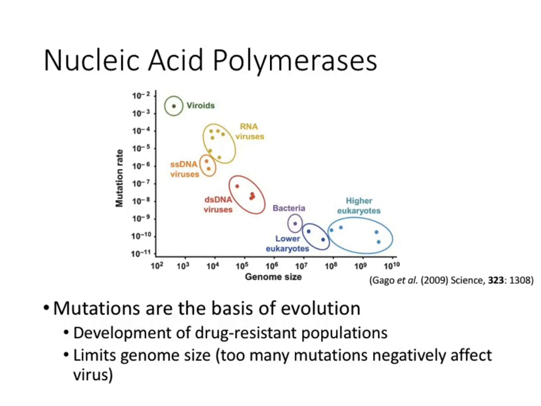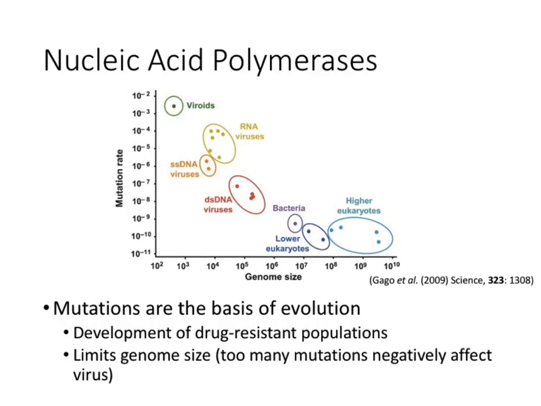In part, this is based on fidelity. An RNA polymerase makes a mistake every 10,000 base pairs. A DNA polymerase makes a mistake every million to maybe 10 or 100 million base pairs. And so that allows for an increase in size without affecting the integrity of the genome itself.